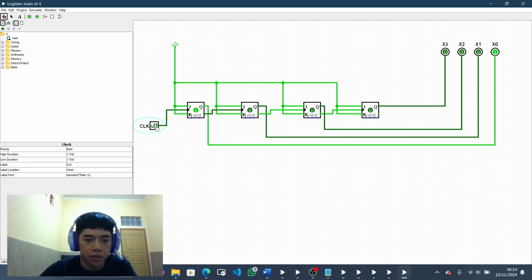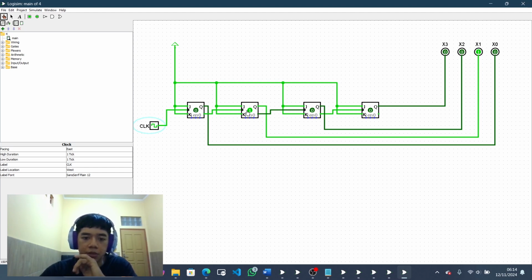And when the clock is down, it's not going to do anything because this is positive edge triggered, or PT. And when the clock is up again, this will become 0. And the Q prime here is transferred into a clock here, basically enabling this JK flip-flop to execute.